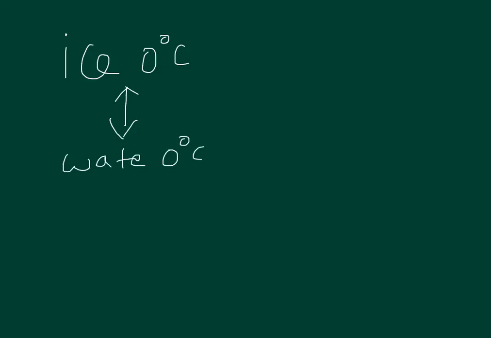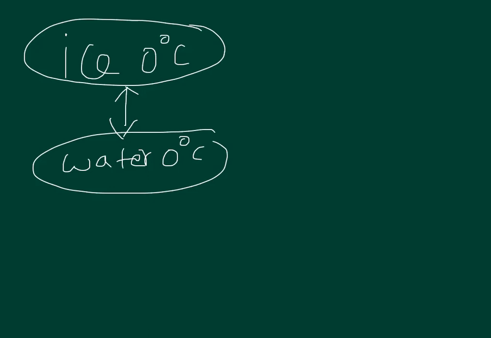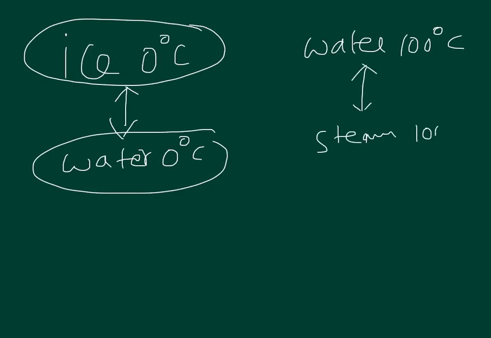Suppose ice at 0 degrees centigrade can be converted to water at 0 degrees centigrade or vice versa. Also we can convert water at 100 degrees centigrade to steam at 100 degrees centigrade, or vice versa.